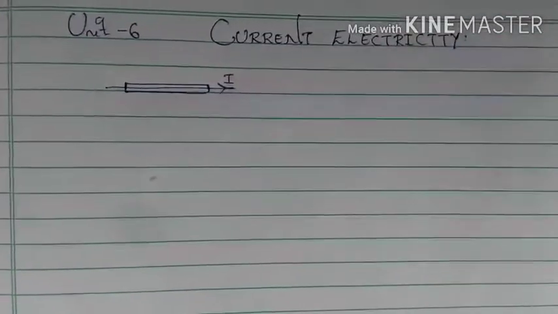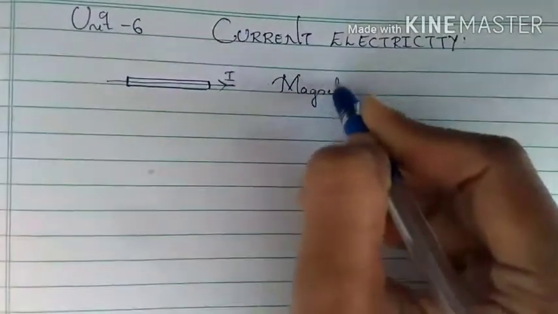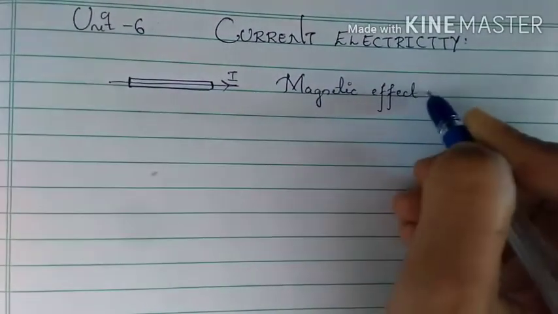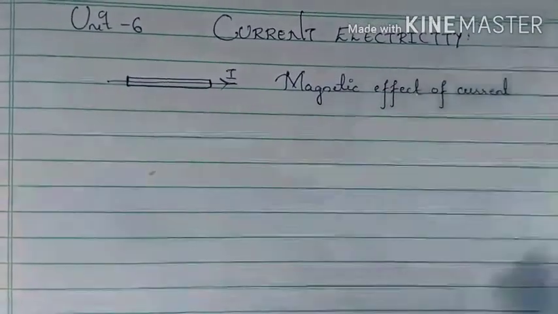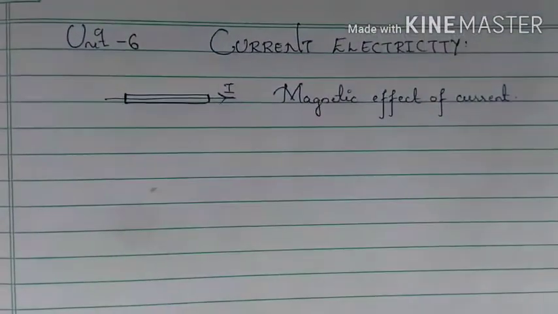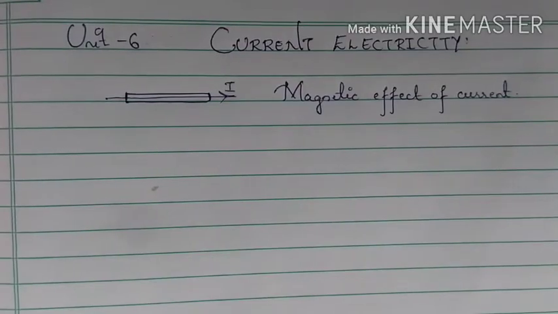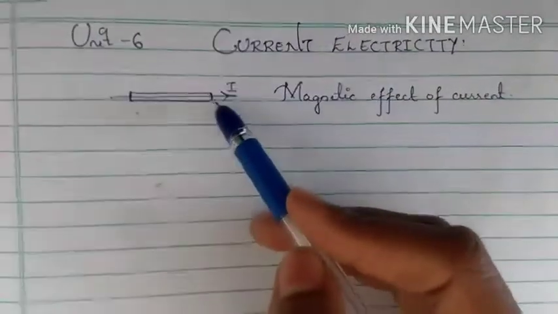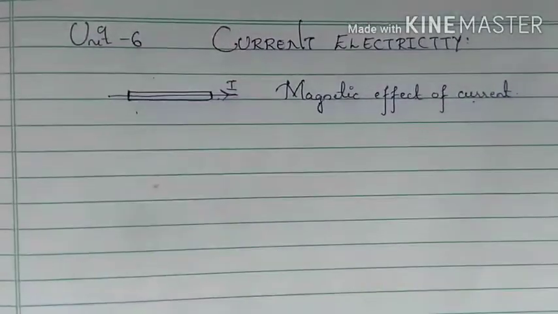Whenever a current passes through a conductor, there will be the formation of a magnetic field around this conductor, and that effect is known as the magnetic effect of current.